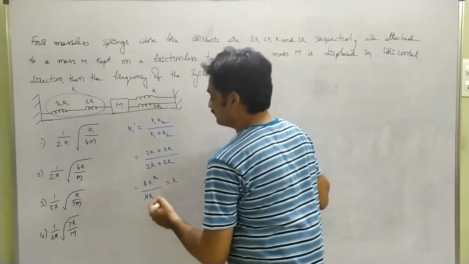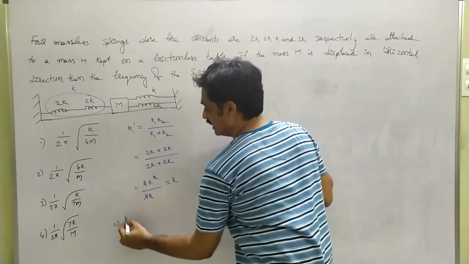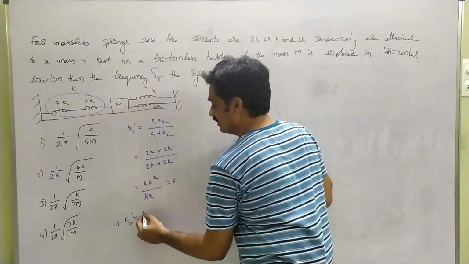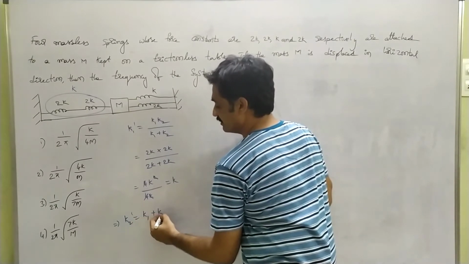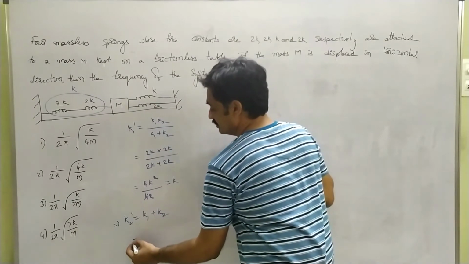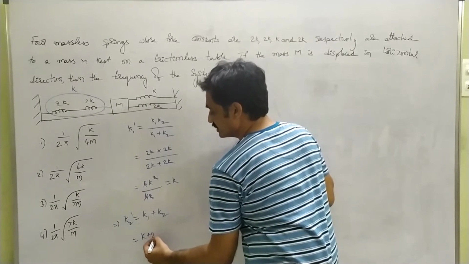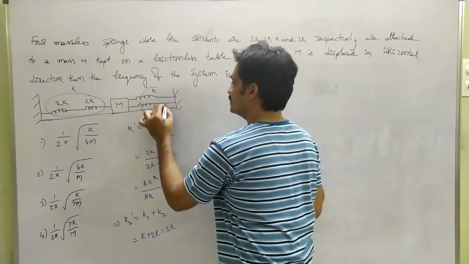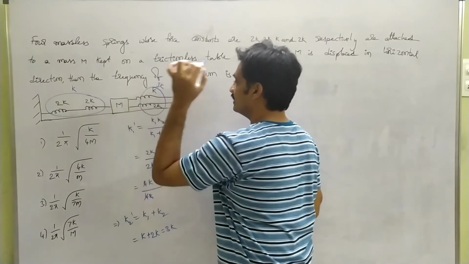Whereas when we consider this parallel combination, here we have k2 dash is equal to, why? Because observe that these two springs are in parallel, and we know that k2 dash equals k1 plus k2. So we have k plus 2k, so we get 3k. This combination is represented with 3k.